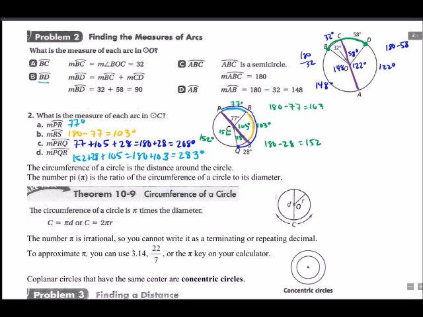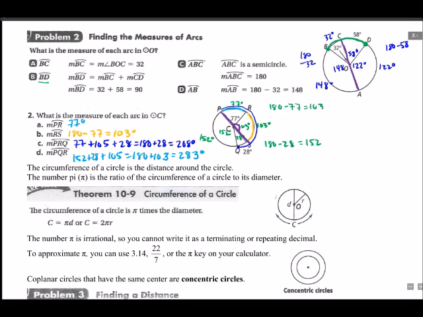And then arc PRQ goes all the way around. It's a major arc, it has 3 letters. And so 77 plus 103 plus 28, or I know this is 180, so 180 plus 28, 208.